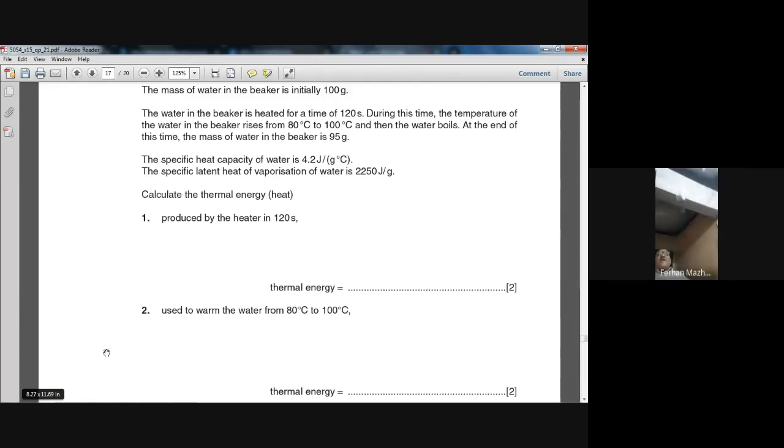The mass of the water is 100 gram. The specific heat capacity of the water is 4.2 joules per gram per degree centigrade. And the change in the temperature is from 80 to 100, so it is 20 degrees centigrade. Just put the values, multiply them with each other, and you get the answer.